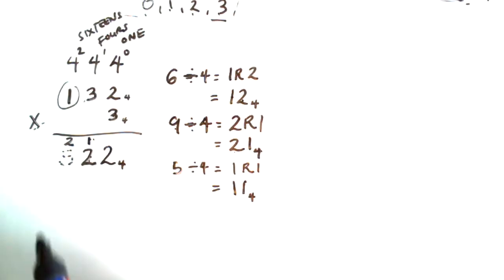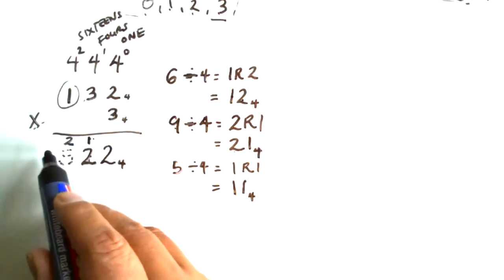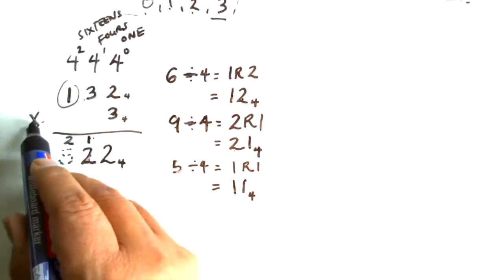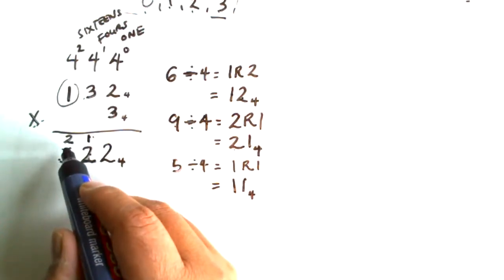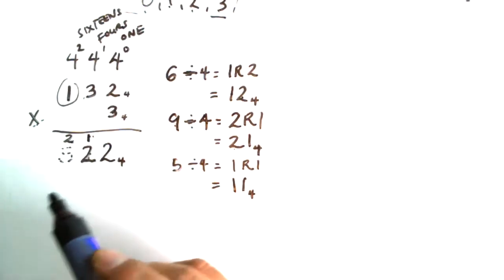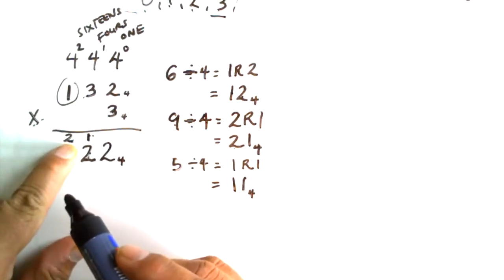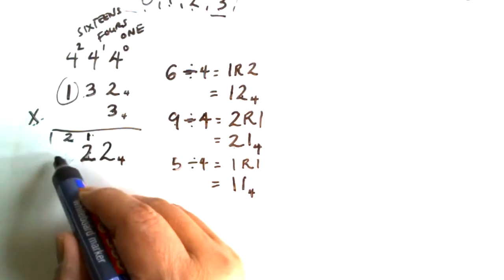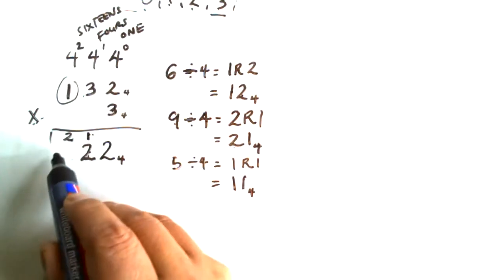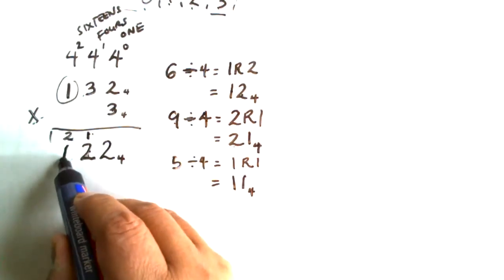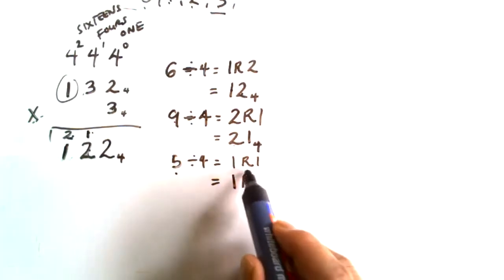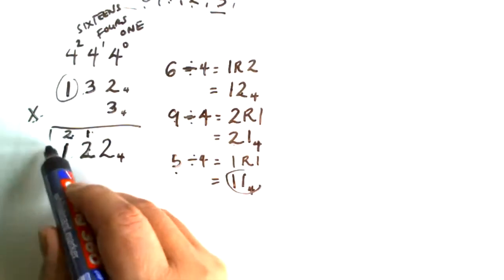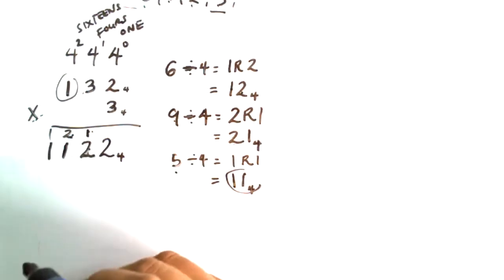So your answer here is essentially 3 times 1 plus 2 is 5, which can be written as 1, 1. And this one we bring down.